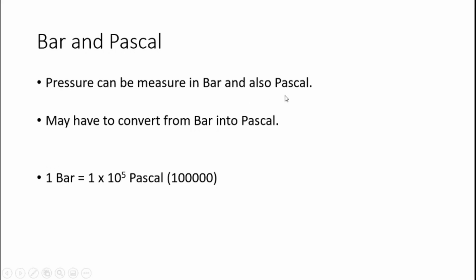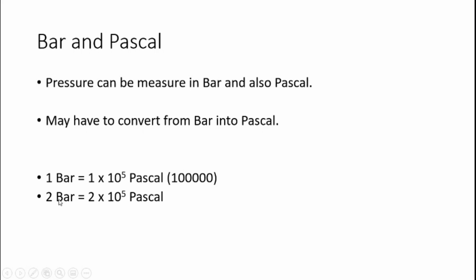We're going to be using Pascal, but you'll also come across bar, so you may have to convert from bar into Pascal. 1 bar is really 1 atmosphere. At the moment you've got 1 bar pressure on your head. 1 bar is 1 times 10 to the 5 Pascal.